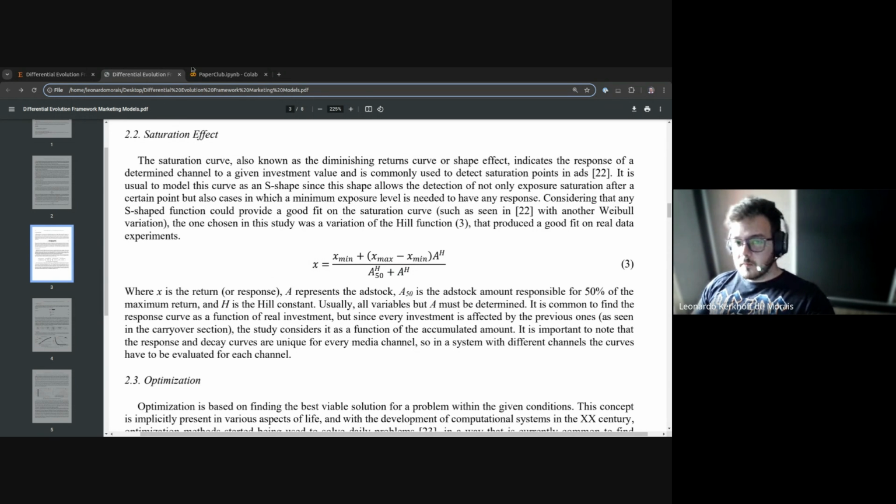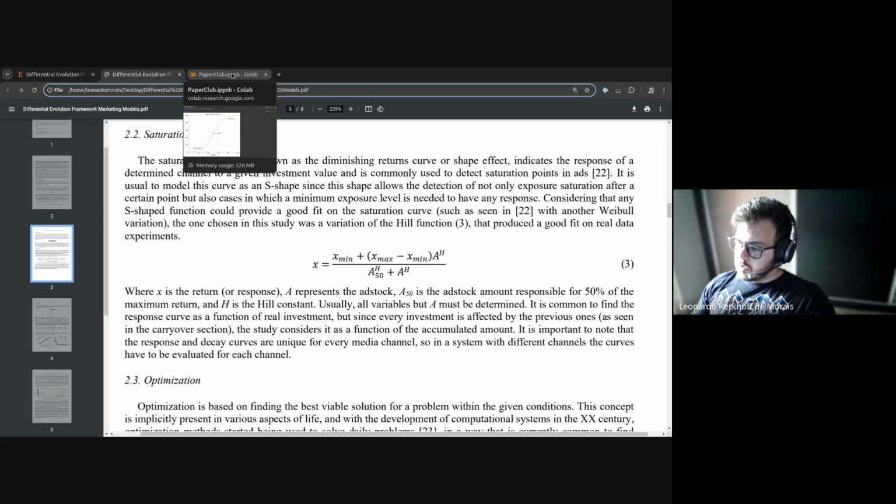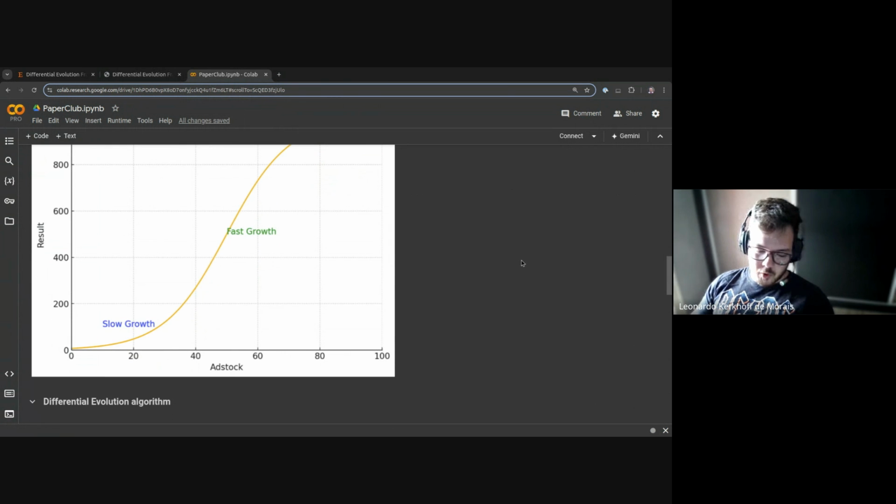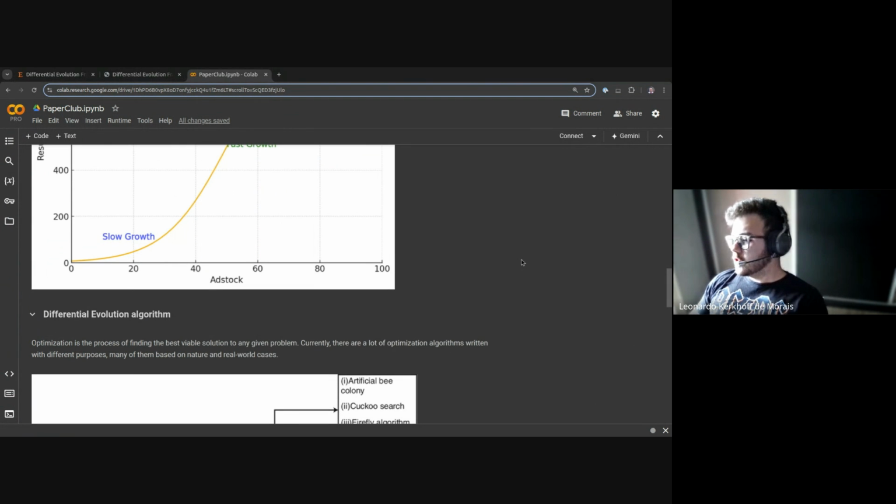And now I believe the other important concept that we need to know, here is where the thing starts to get nice, is the optimization algorithm. So when we talk about optimization, we are talking about finding the best viable solution for a given problem. So you want to maximize it, you want to minimize it.